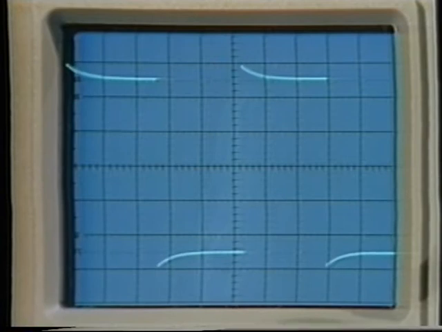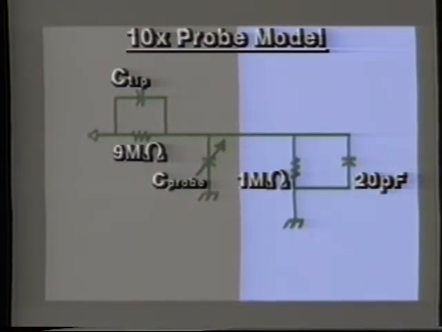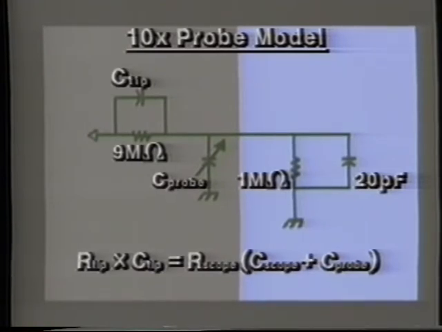When we adjust the capacitance of the probe to firm up the square wave, we're effectively flattening the frequency response of the probe. The probe becomes a frequency compensated voltage divider as R tip times C tip becomes equal to R scope times the sum quantity of C scope plus C probe.